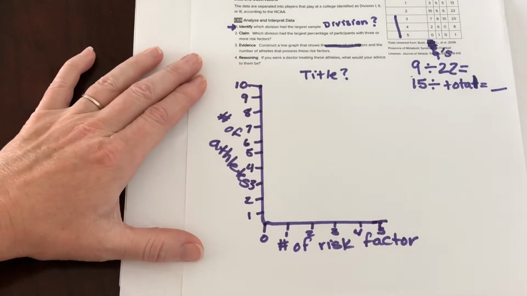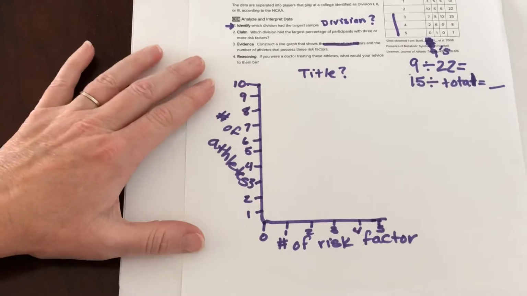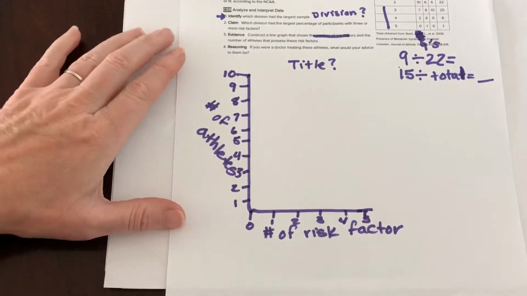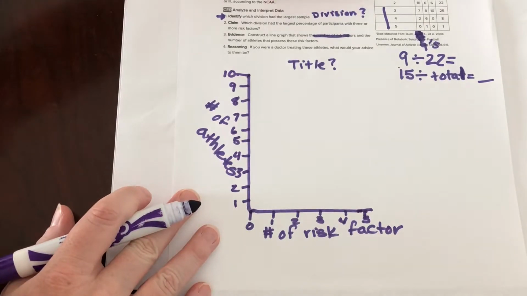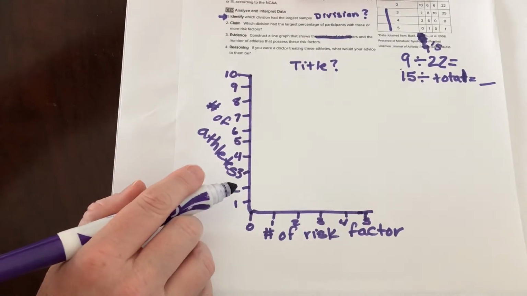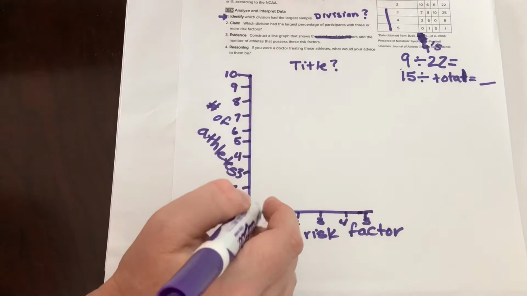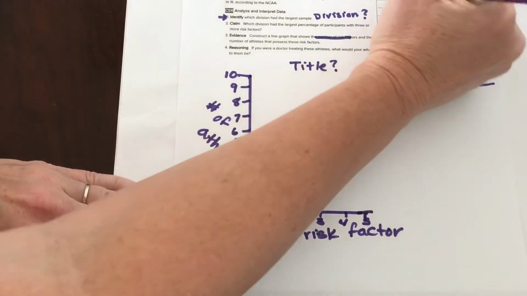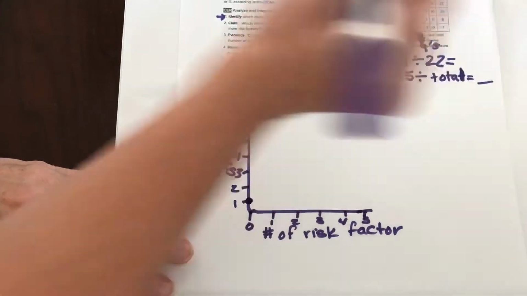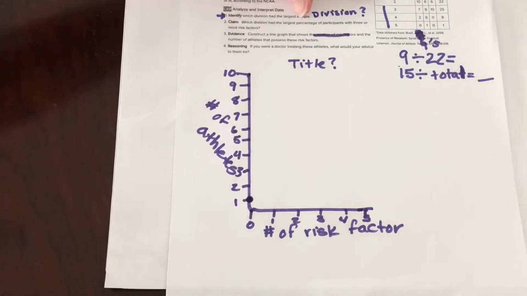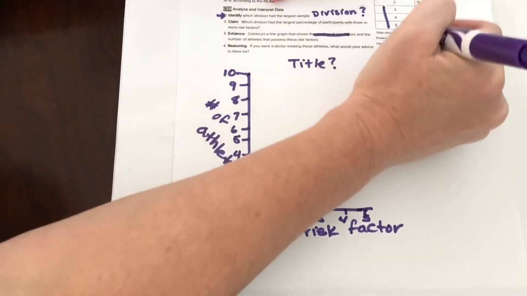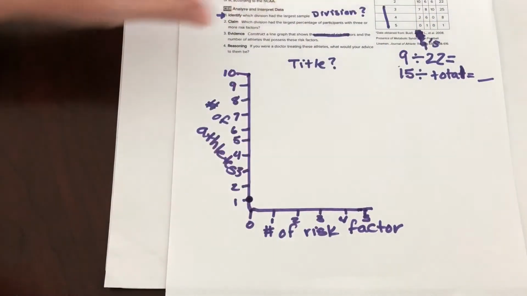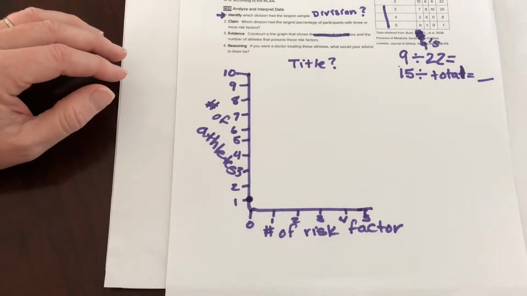Then you are going to take your numbers here, 0, and graph this number over here, 1. So I'm going to go over 0 and up to 1, and put a dot. That dealt with that one. Then for the next number, you're going to use this column here and the last column. I'm going to go over 1 and up to 13.